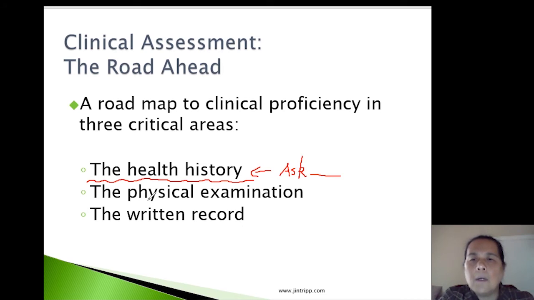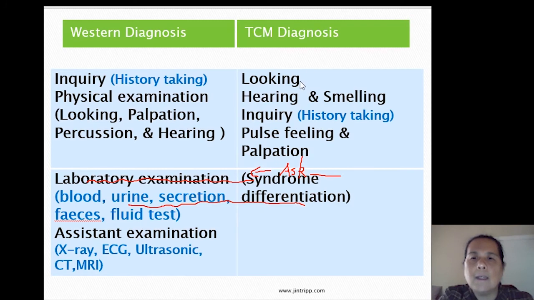Then we go to physical examinations, like looking at the patient, hearing with the stethoscope, hearing some sounds, and palpation. And also we have a special way we call percussion.